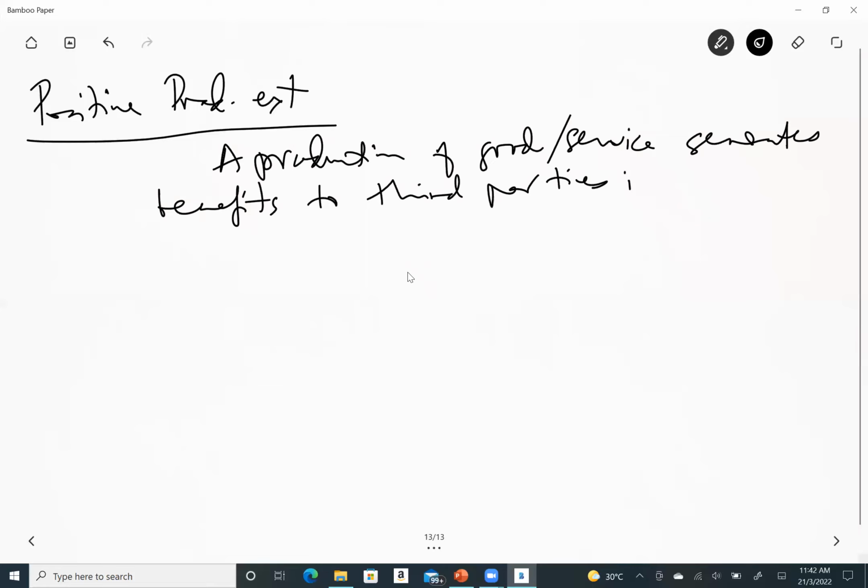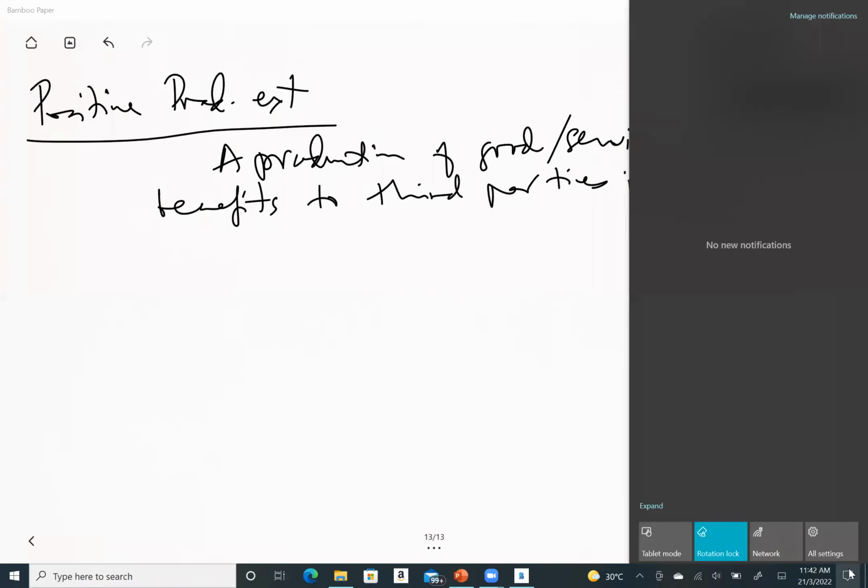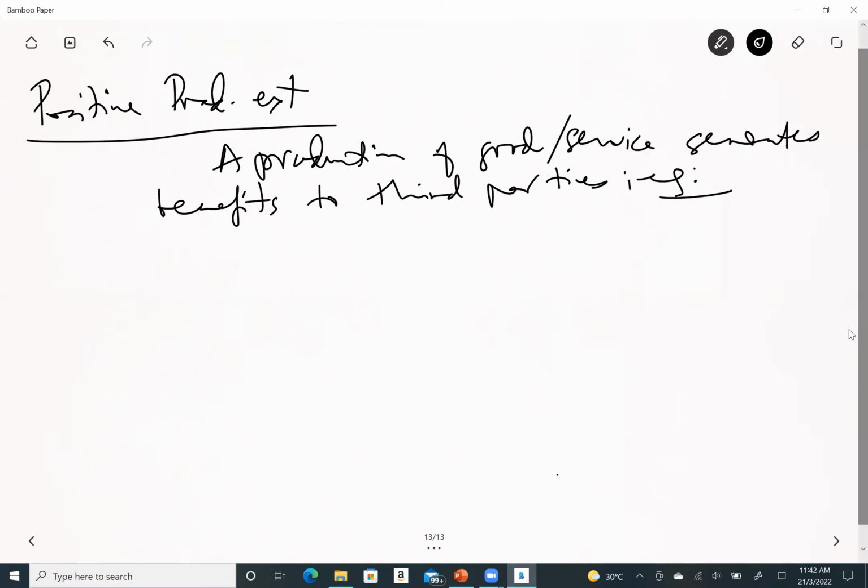Example. What is an example of something that we produce in the economy? Not necessarily ice cream or that kind of thing. Is there any good in the economy that generates positive externality? Any example?